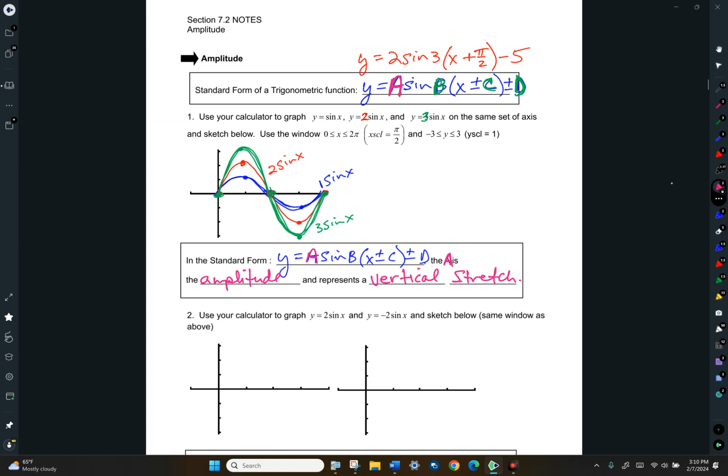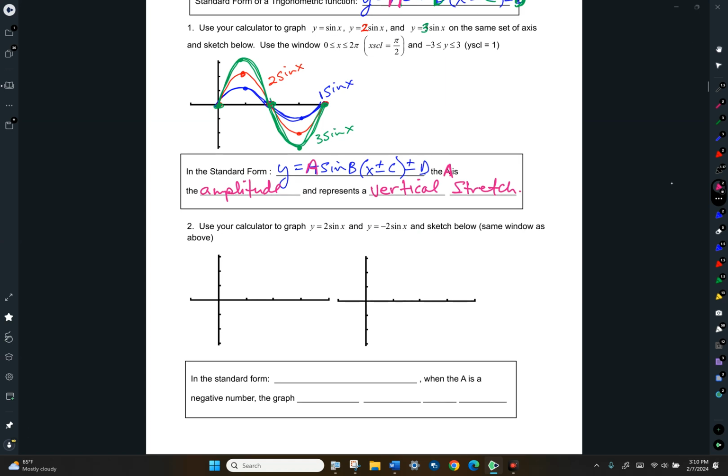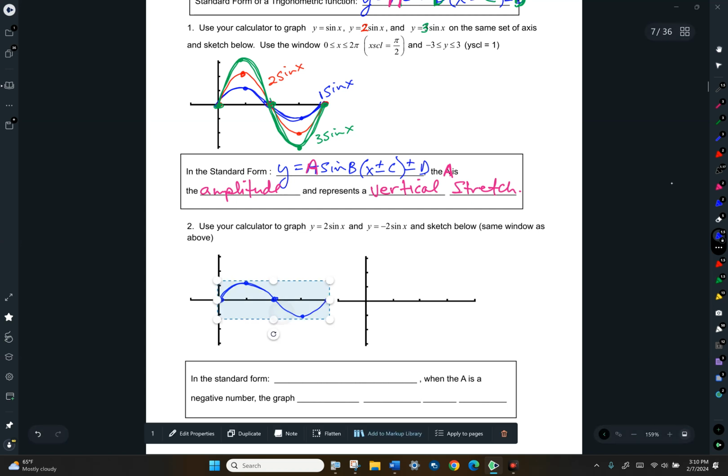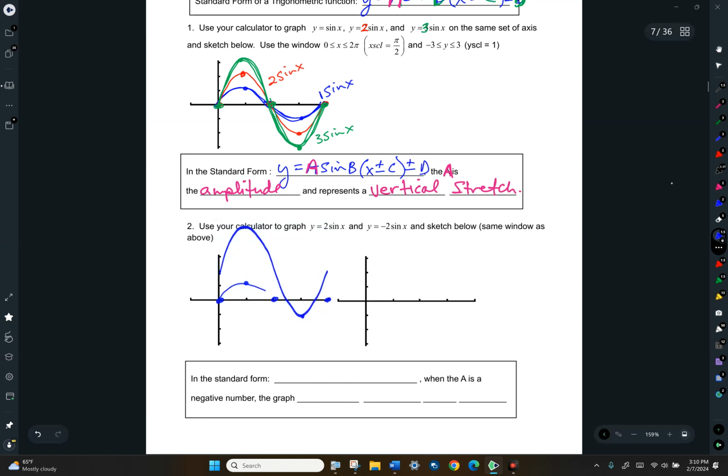Okay? And let me show you what I mean by that. You don't have to draw this. Let me just show you. If I were to take the basic sine function, right? Starts, ends, halfway, up to 1, down to -1. If I were to stretch it out, in other words, if I were to grab the top and grab the bottom and just start pulling it apart, stretching it vertically, it would look something like this.